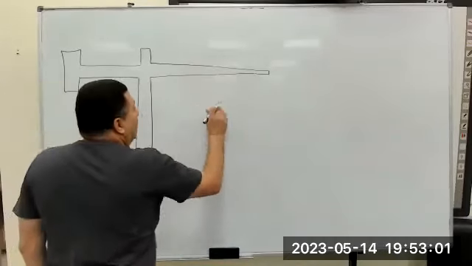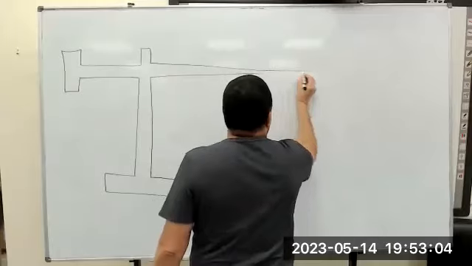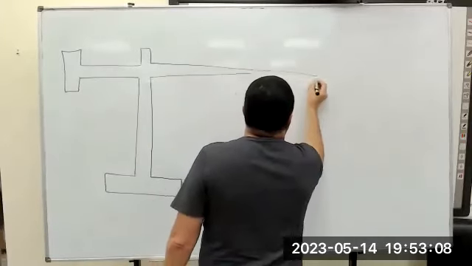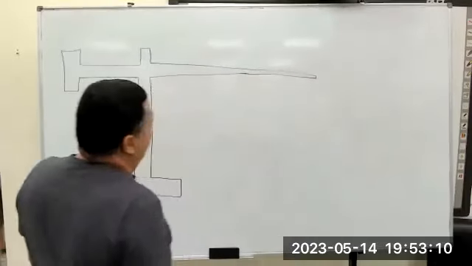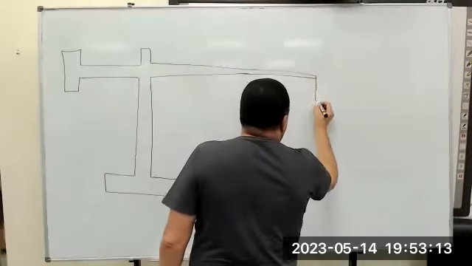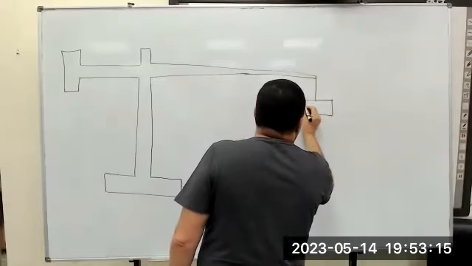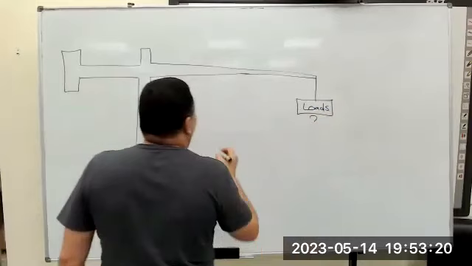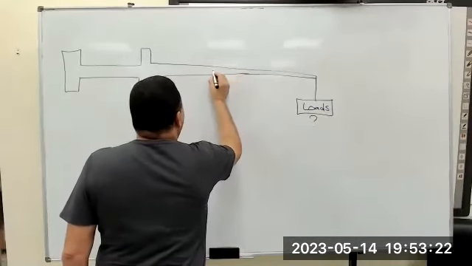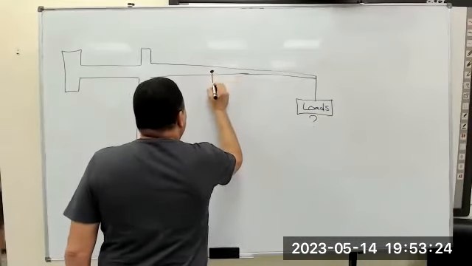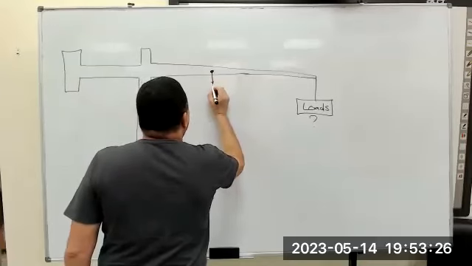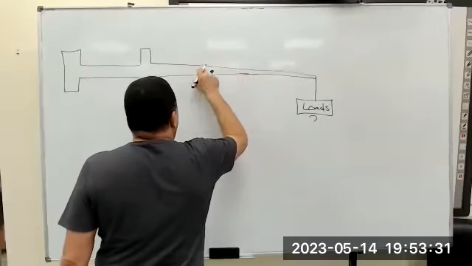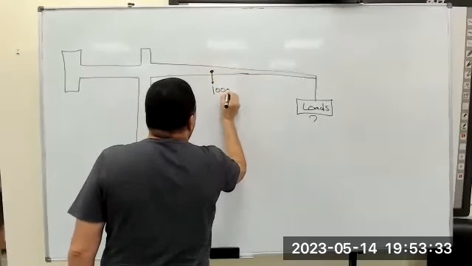You have loads. And we have the boom CG here, the center of gravity. The weight of the boom concentrated at this point equals 1,000 pound.